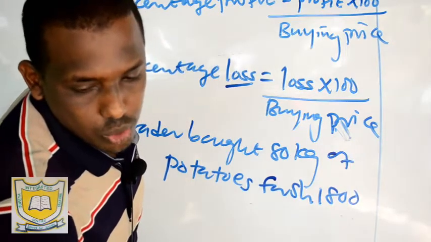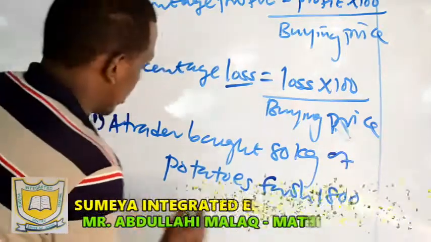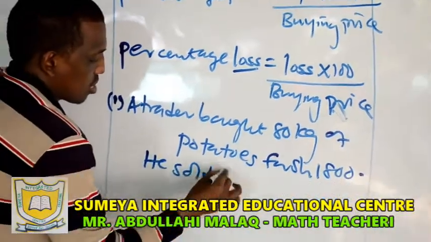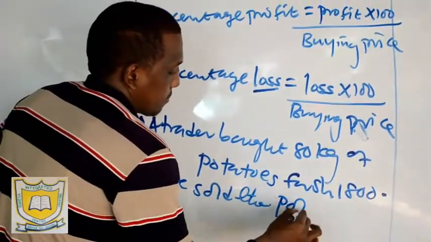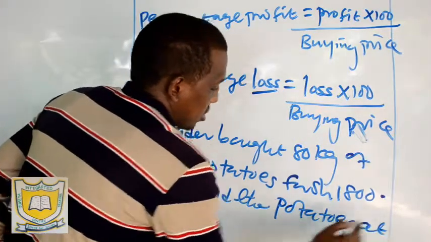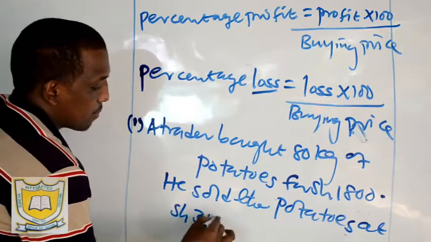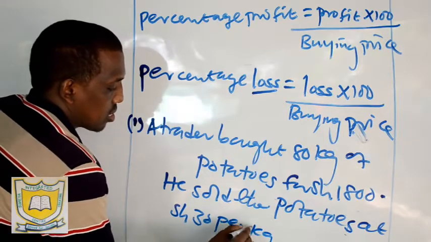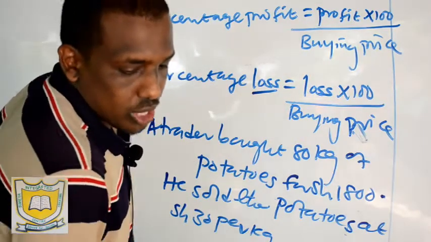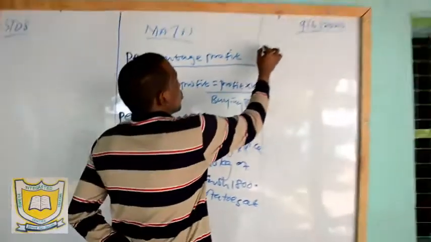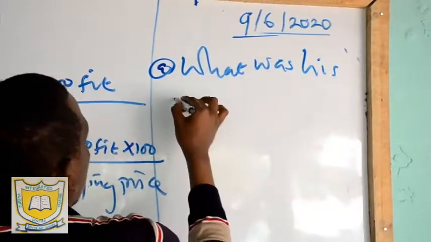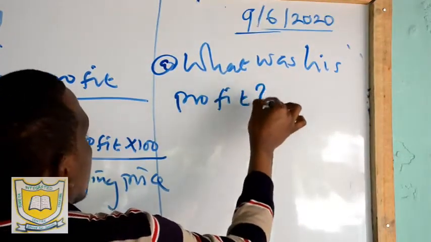He sold the potatoes at shillings 30 per kg. The question is, what was his profit?